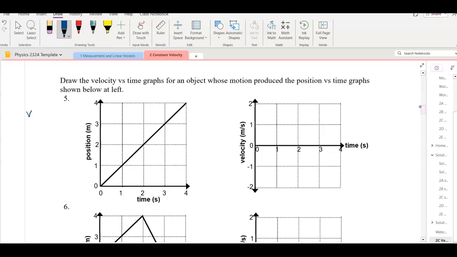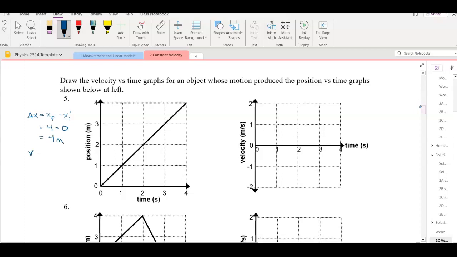So the velocity is, or actually let me do the displacement first. So the displacement over this whole trip, remember, is the final position minus the initial position, and so that is 4 minus 0, it's 4 meters.